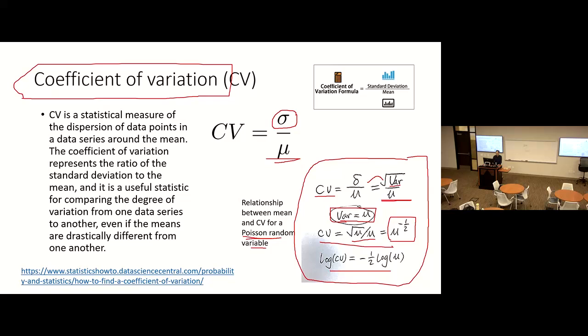Then you take the log of both sides. Then the log of the CV will be linear with a slope of negative 0.5 times log mu. So this creates a linear relationship between CV and the mean. Just remember this. We will use this relationship later to build this curve, this straight line, and you will see in real data you find this line here.